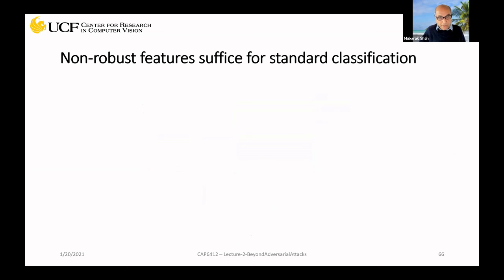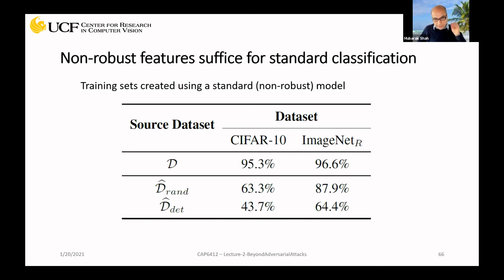So now the interesting thing is that if we take these training sets and train a standard classifier, these are the results we get. First, before we do anything, just taking the original data set, these are the results: CIFAR-10, 95%, ImageNet, 96%. So it's good.